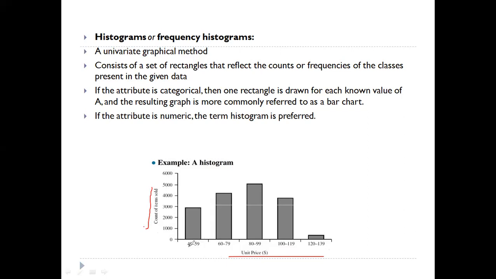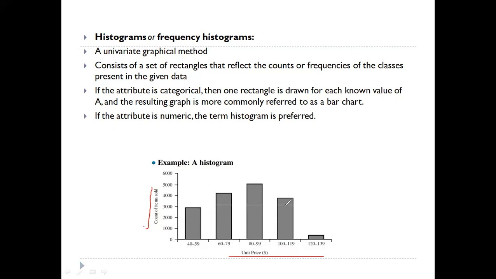In the same manner, for items priced 60 to 79 rupees, 4,000 pieces are sold, sorry, not hundreds, thousand. Sold at the unit price of 60 to 79 rupees.